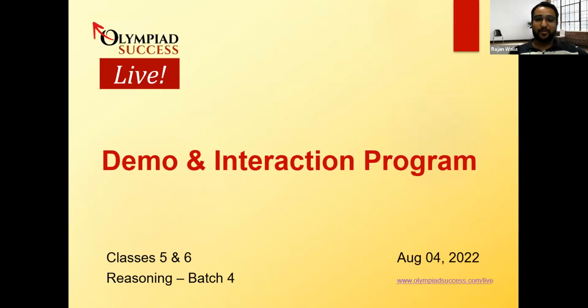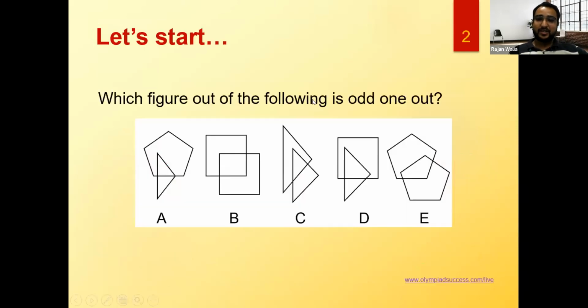So, before I give you the induction about Olympiad Success, let's solve one question. Can you tell me which figure out of the following is the odd one out? You can write your answer in the chat box, but with a reasoning, because it's a reasoning session.